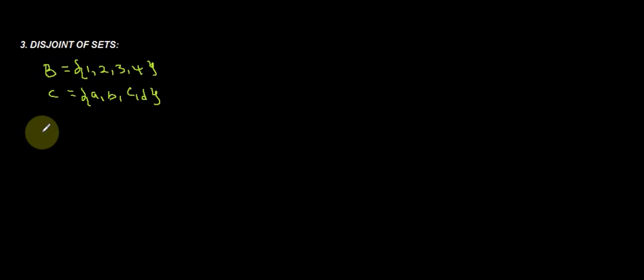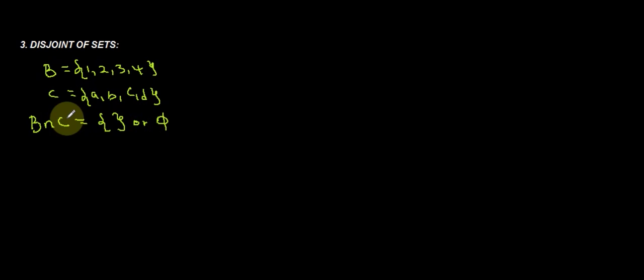Now, the disjoint of these two given sets is when they have nothing in common. That means the intersection of the two sets is what? Is nothing. It is a null set, an empty set.